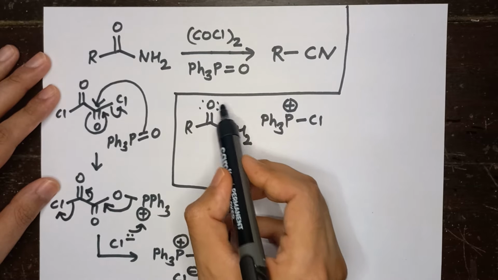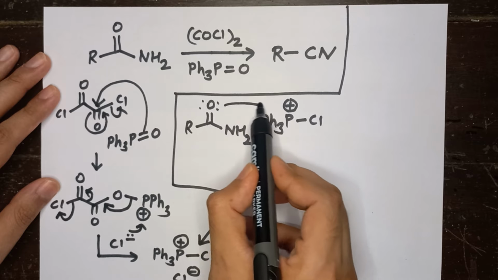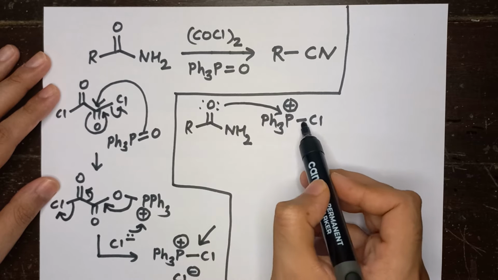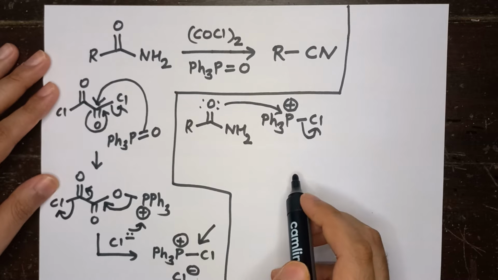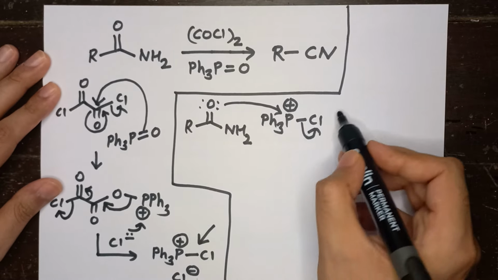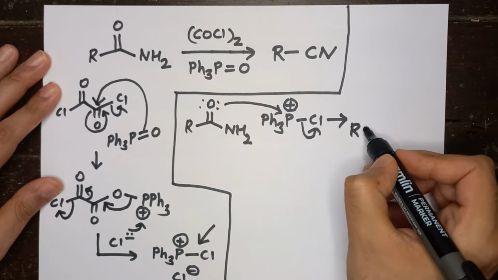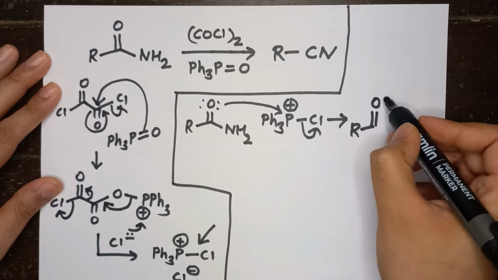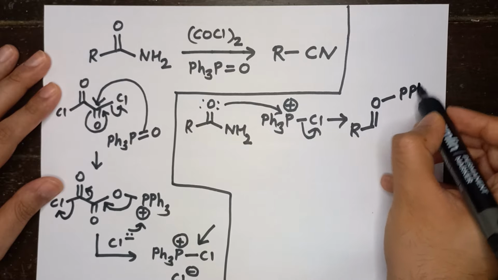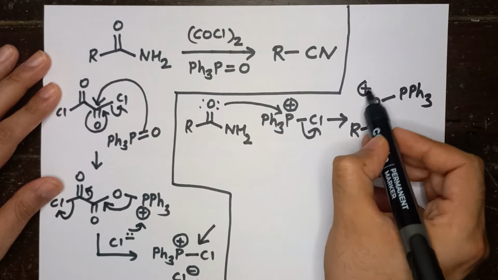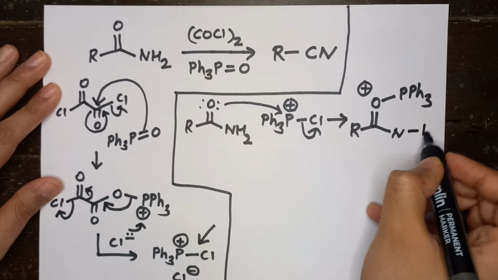So this oxygen with its lone pair will form a bond with phosphorus, will eliminate chloride anion, and this will give me R, C double bond O bonded with PPh3, this oxygen getting positive charge, and you have NH2.